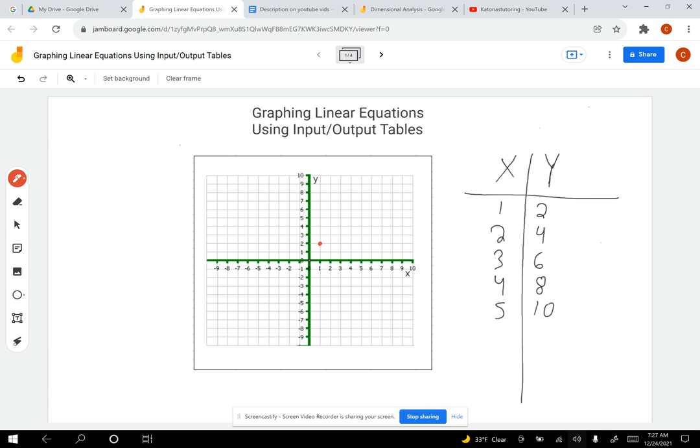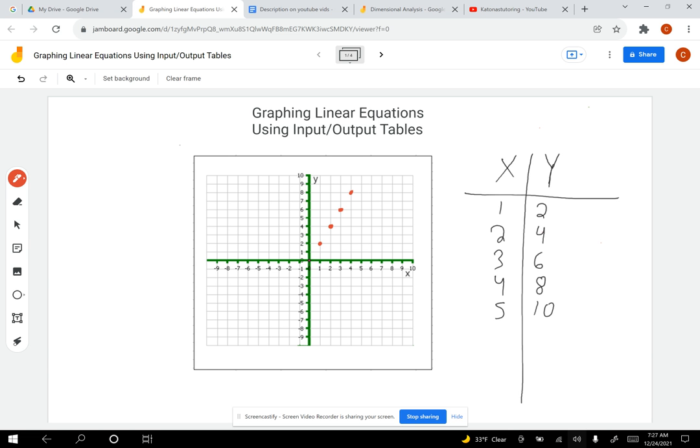My next point is going to be (2, 4). So I'm going to go 2, 4, boom, right there. My next ordered pair is (3, 6). Boom. My next ordered pair is (4, 8). Boom.